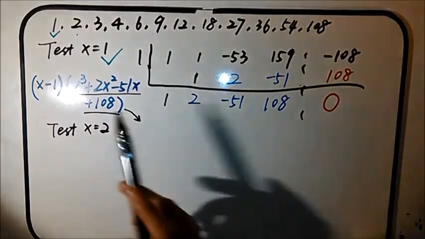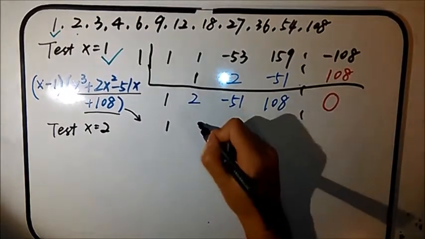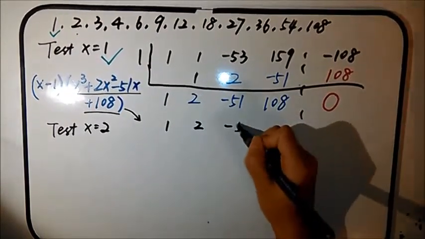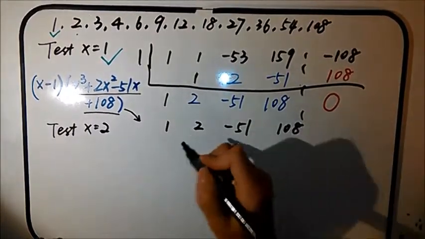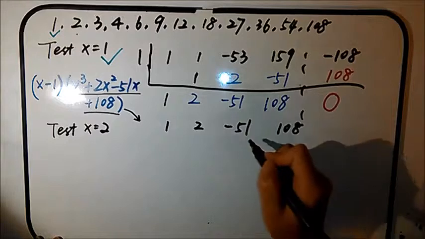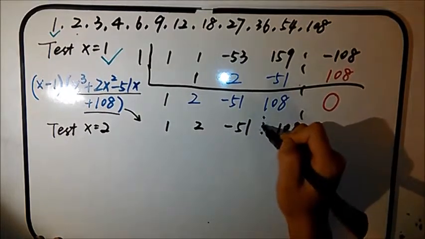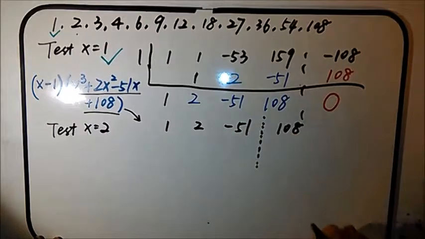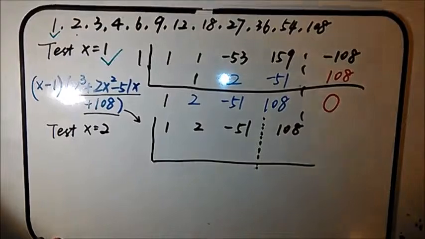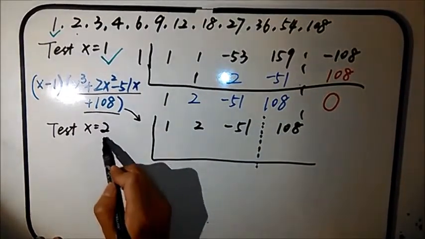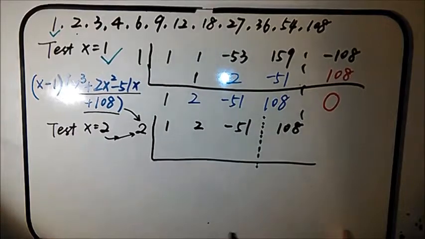Great. So we're going to put all the coefficients in: 1, 2, negative 51, and 108. And I like to put the dots before the last number. And we're going to draw an L shape. Great. And we're going to divide this by 2. Bring our 1 down.